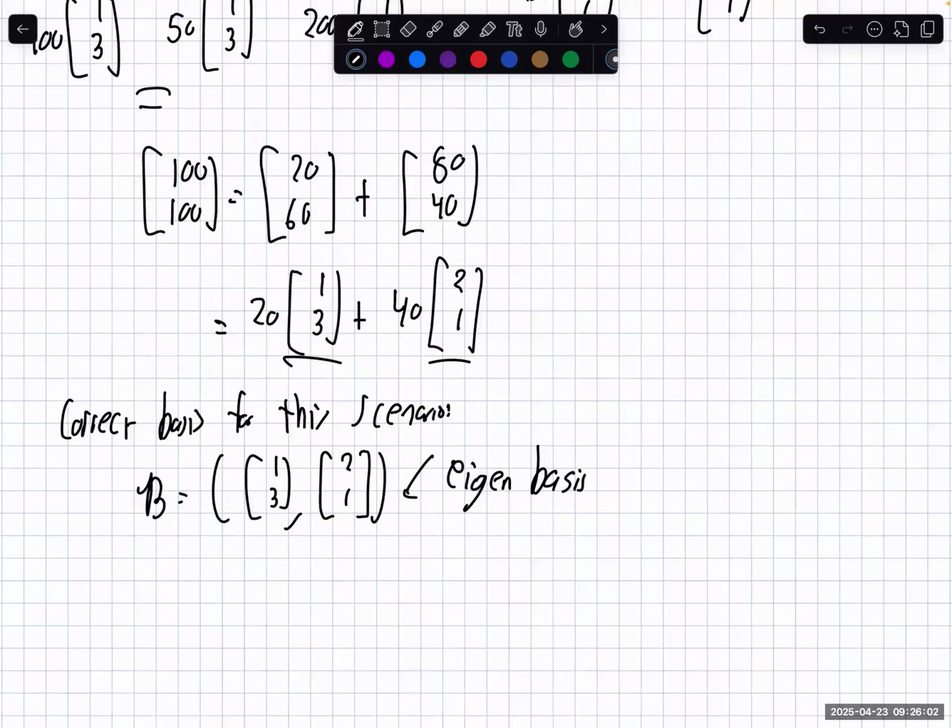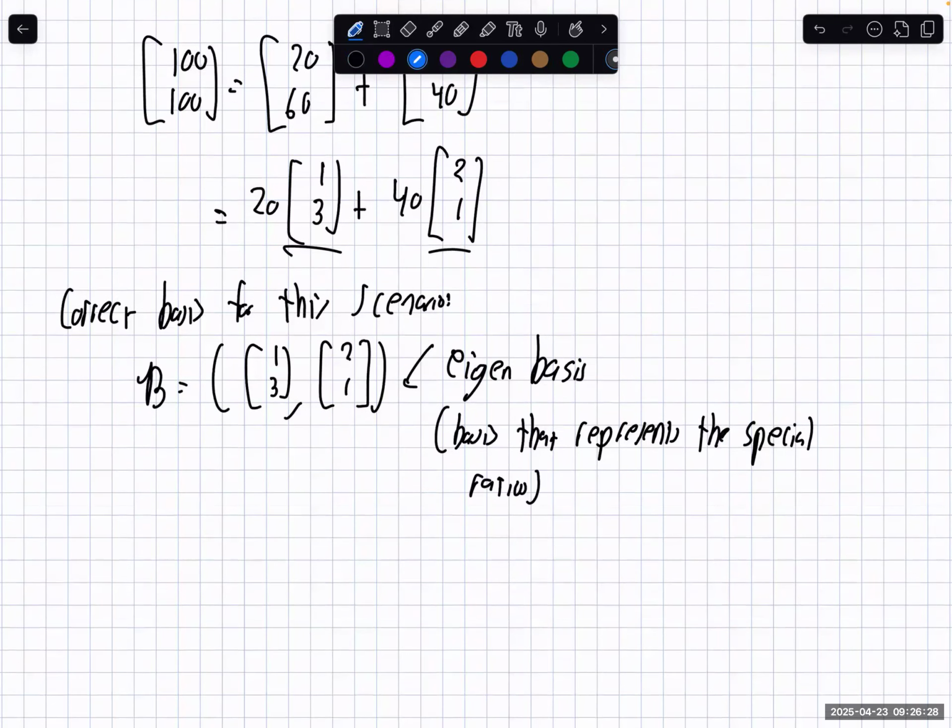I'm going to give you some vocabulary. Eigen is the key prefix here. So the basis that represents the special ratios is called an eigenbasis. Vectors in the special ratios are called eigenvectors.